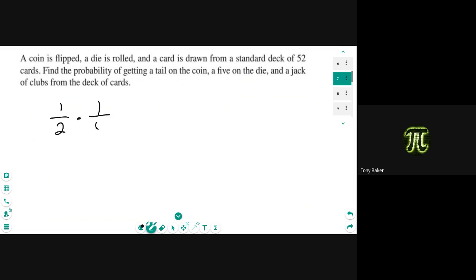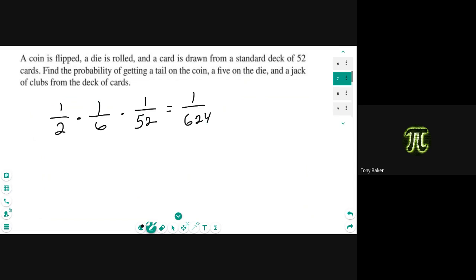So we're going to times it by 1/6. What's the chance of me getting a jack of clubs? 1 out of 52. So to find the probability of getting all three of those, I'm just going to multiply them. Now, remember how to multiply fractions? Multiply straight across. So the top is going to be 1. So it's 1 out of 624.